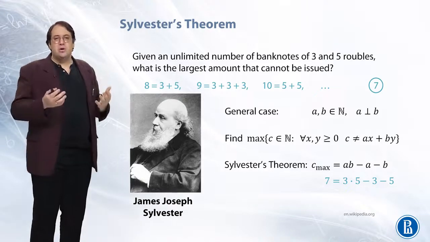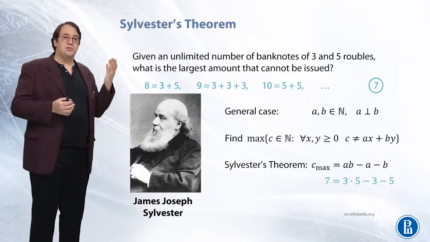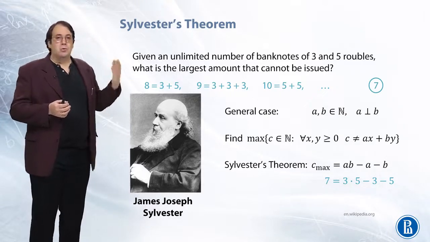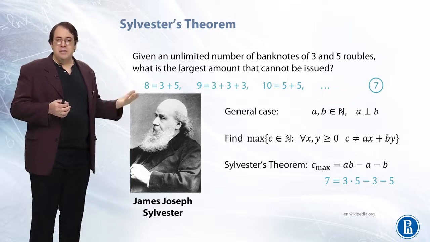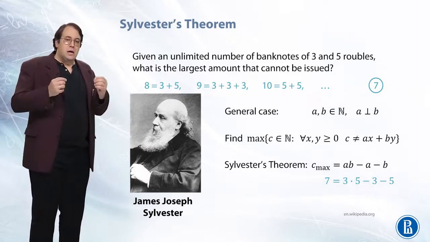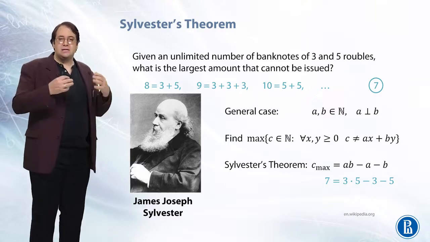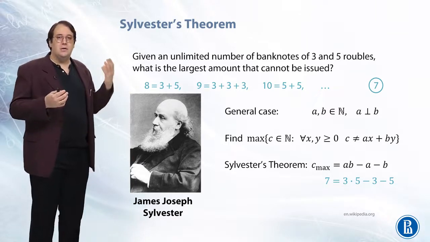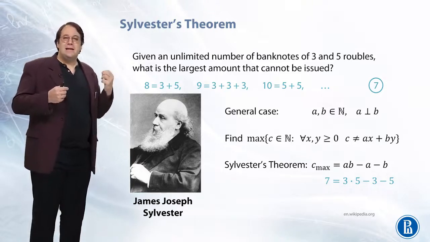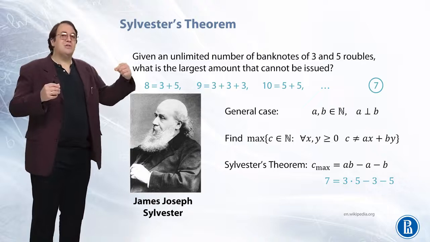The generalization of this problem is taking arbitrary positive integers, mutually prime a and b, and asking what is the maximal, the greatest, largest c, also a positive integer, such that c cannot be represented as a sum of several a's and several b's.